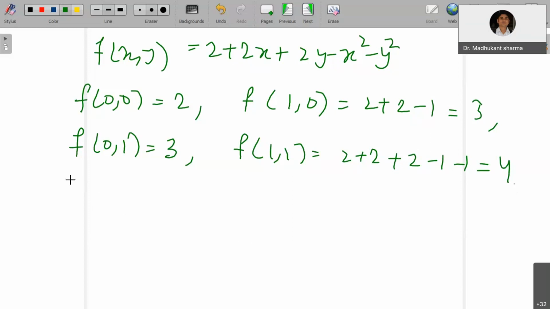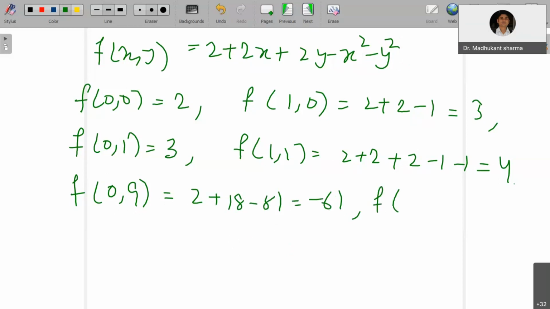Now f of 0 9 is equal to 2 plus 18 minus 9 square, which is 81, so that's minus 61. Due to symmetry, f at 9 0 is also minus 61.